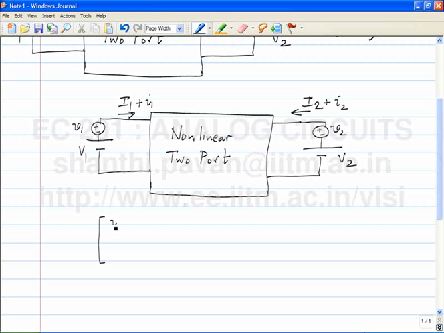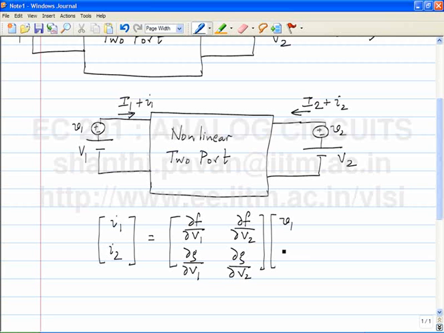In other words, the incremental currents i1 and i2 can be written as the matrix of dou f by dou V1, dou f by dou V2, dou g by dou V1, dou g by dou V2, times the incremental voltages v1 and v2.